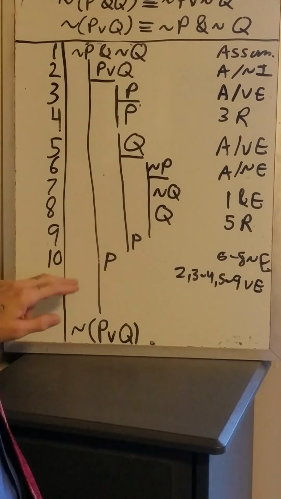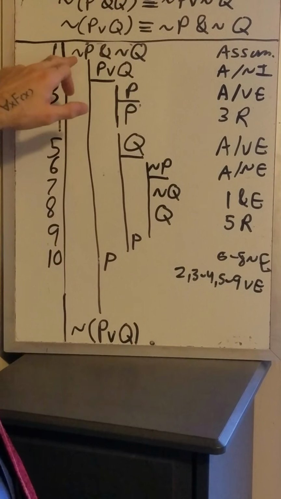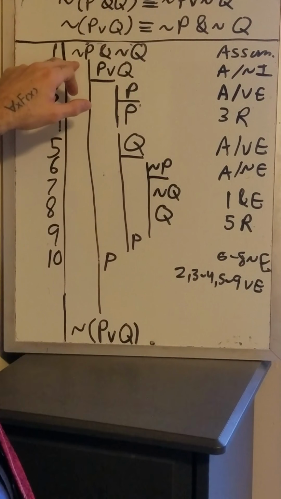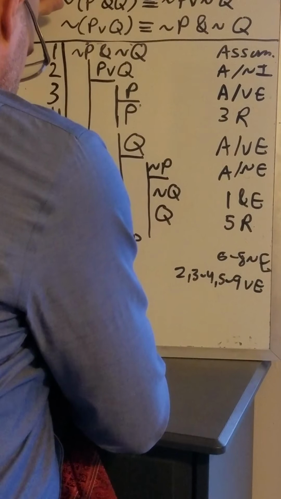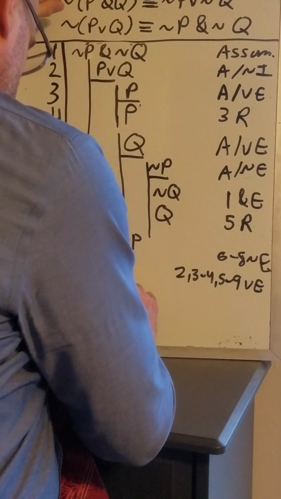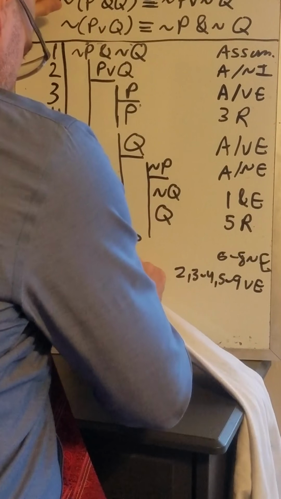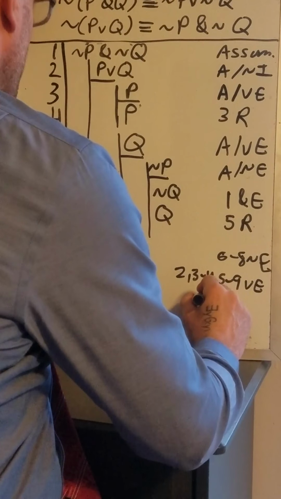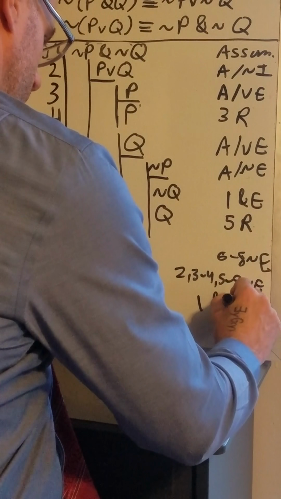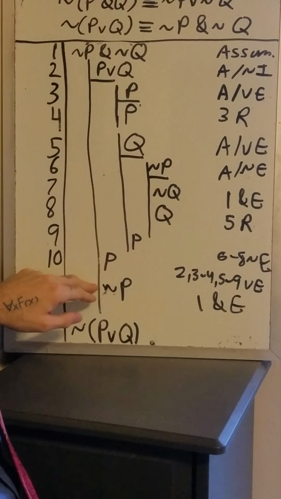All right, and now that we have P, we can go ahead and get a contradiction here by bringing down not P from line 1 using conjunction elimination. So we've shown that the assumption of P or Q gets us a contradiction.